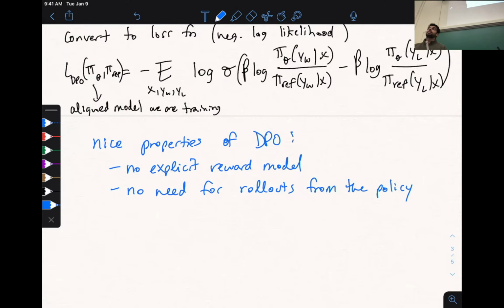So let's think about RLHF and what compute requirements it has. So remember, we implemented our explicit reward model by fine-tuning the base SFT checkpoint. So that was already one copy of the model. We had our current policy that we were updating, that was the other copy, and the reference policy, pi ref, that was used in the KL regularization term.